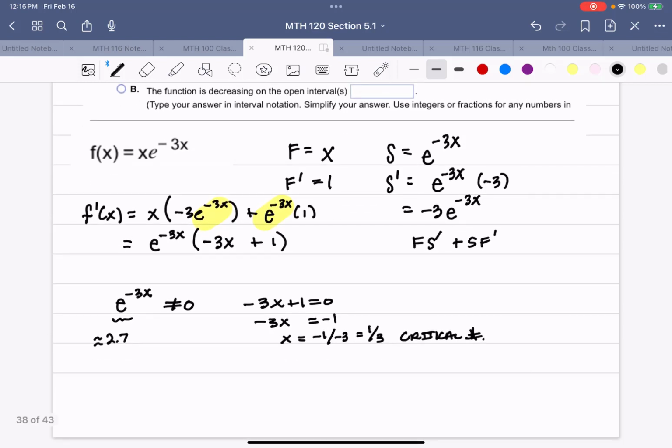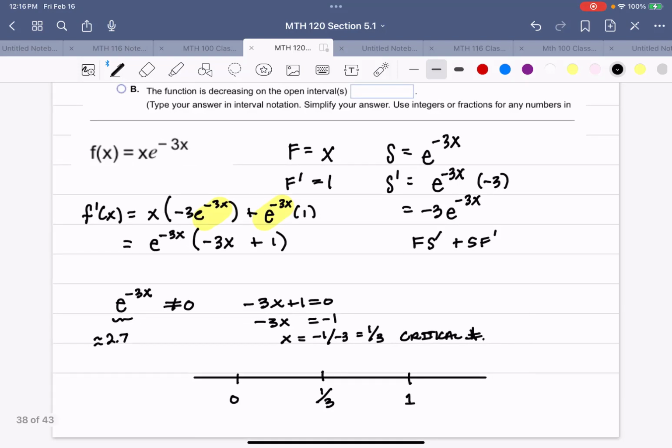All we have to do is take our critical number of 1/3, put it on the number line, test a number to the left and a number to the right. And I'm just going to pick 0 and 1. Those are easy enough.